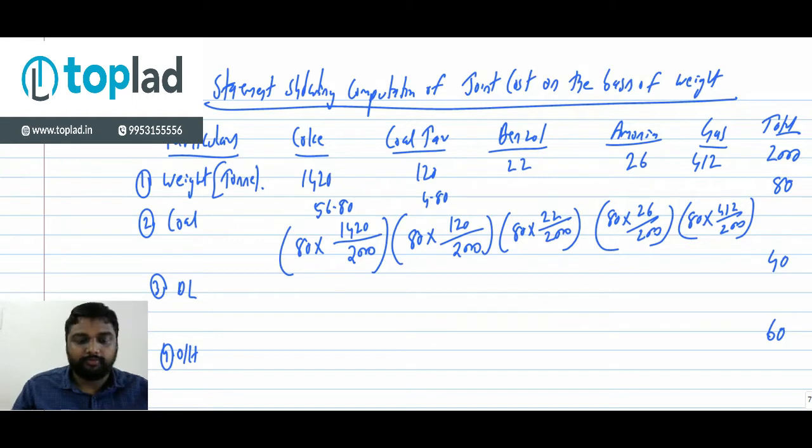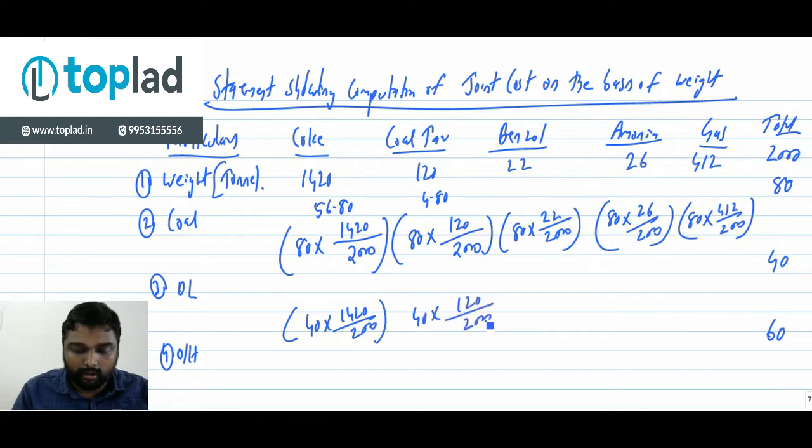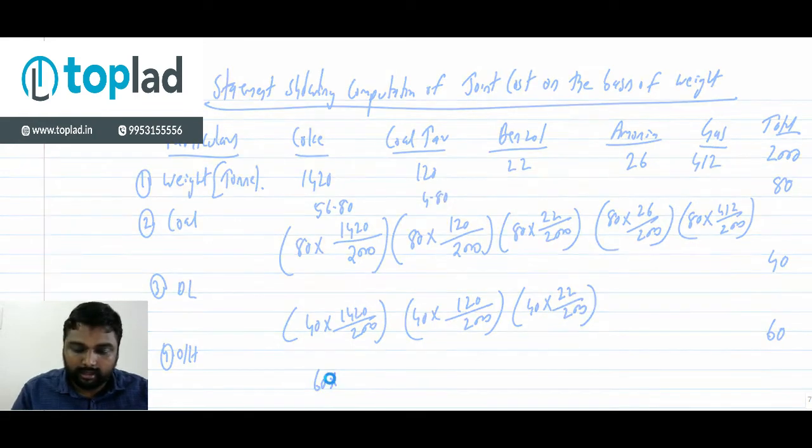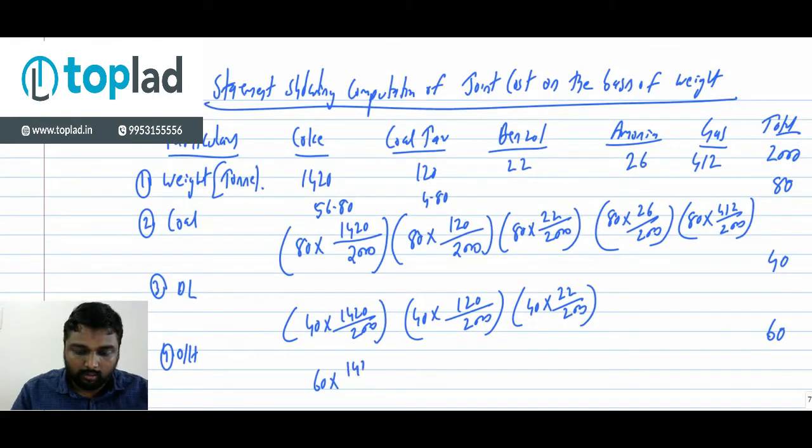Do it fast. 40 into 1420 divided by 2000, 40 into 120 by 2000, 40 into 22 by 2000. Here 60 into 1420 by 2000, 60 into 120 by 2000.